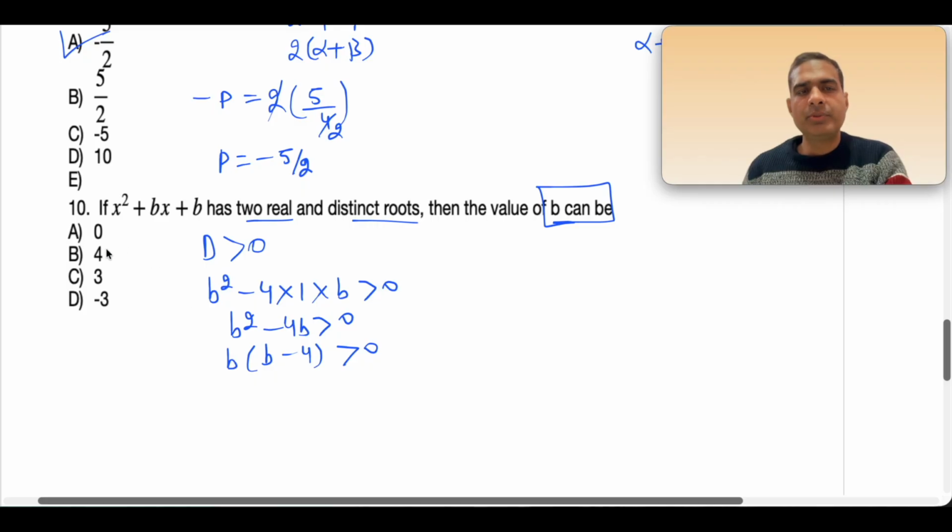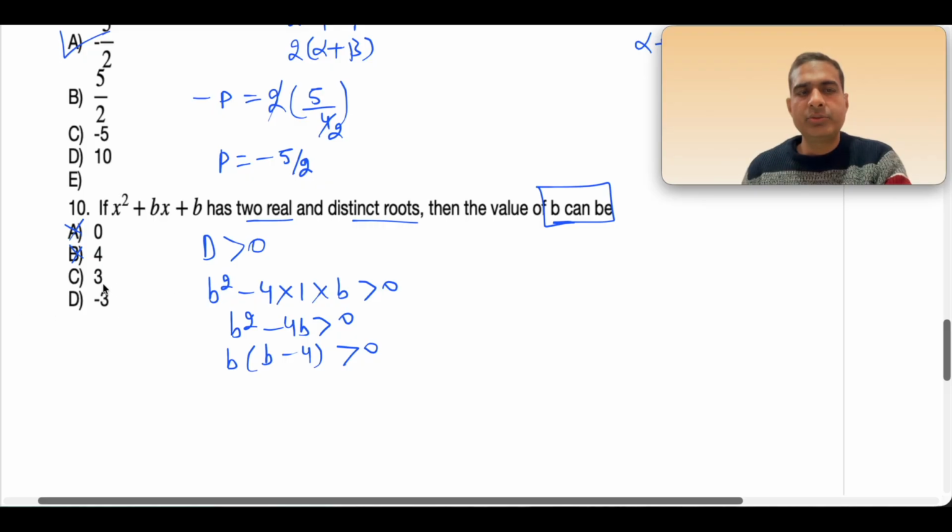So from here we can check which option is satisfying. If I substitute b is 0, then 0 into something will become 0. So this will not be greater than 0, so A cannot be our answer. If I substitute b is equal to 4, then 4 minus 4 will be 0. Again 0 into anything will be 0, so this will also not be greater than 0.